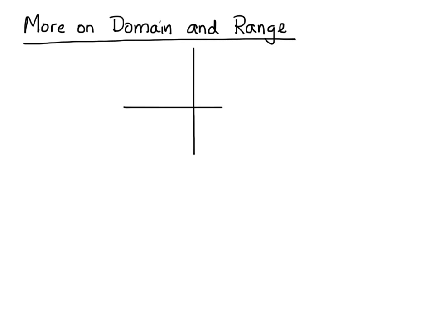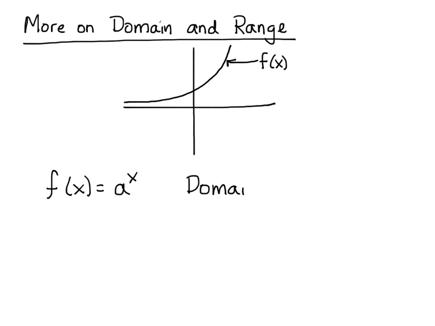Okay, so let's talk a little bit more about domain and range before we get to some of the other properties. Remember what the exponential functions look like. They start off really close to the origin as x goes to negative infinity, and then it gets really, really big without bound as x goes to infinity. Since we're looking at inverses, let's first consider a to the x.